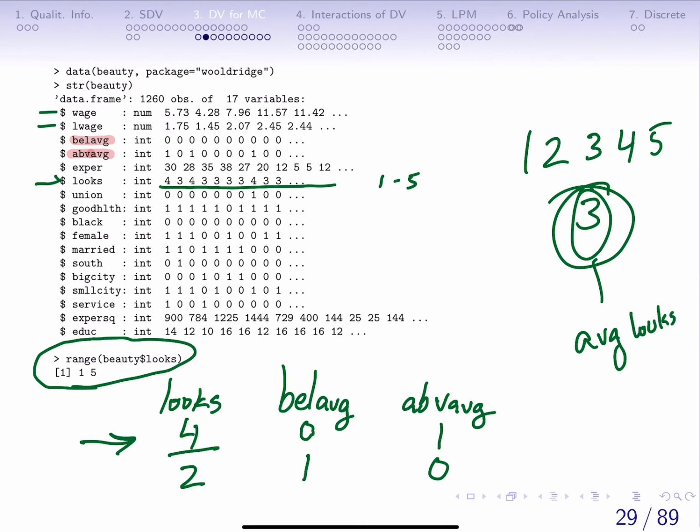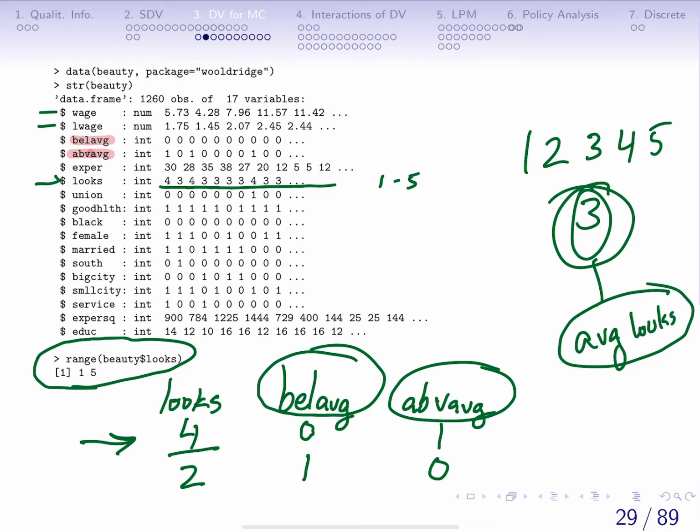So in other words, if we wanted to understand the effects of having above average looks or below average looks on wages, we could incorporate 2 dummies and leave out the average looks, when looks takes the value of 3.